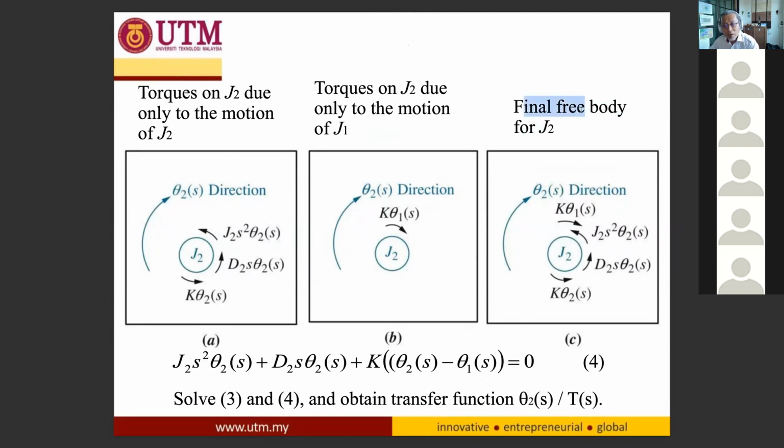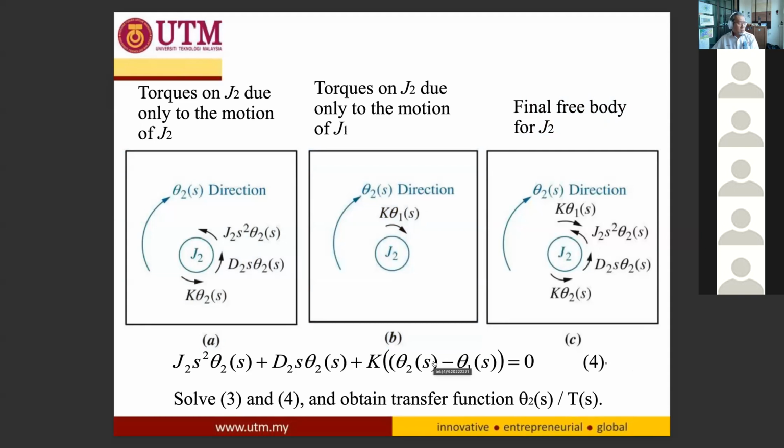Then the final free body diagram for J2 is the consolidation between A and B. You get (J2 plus D2 plus K)θ2 equal to Kθ1. You bring Kθ1 to the left, so you will get equation number 4.